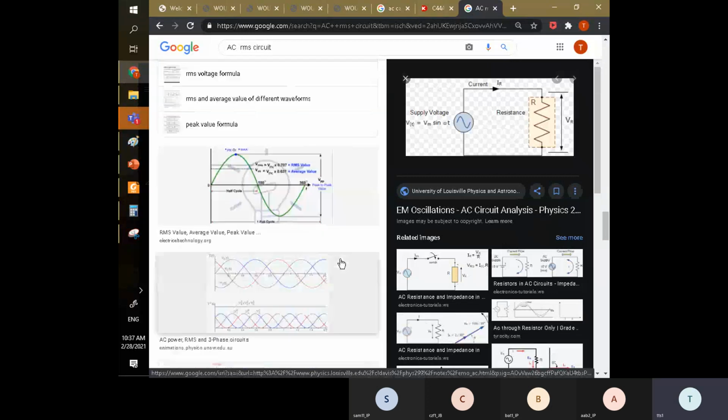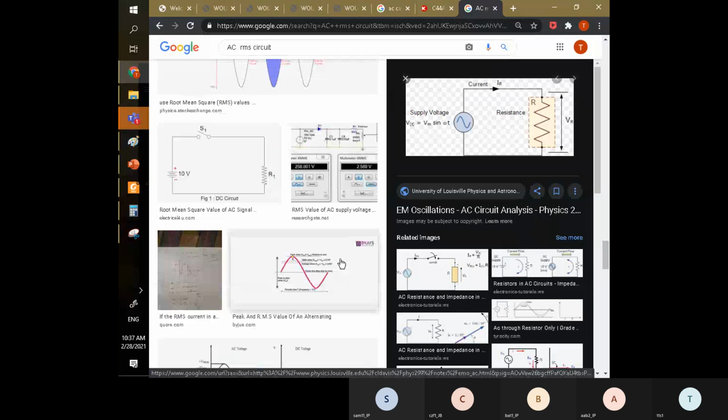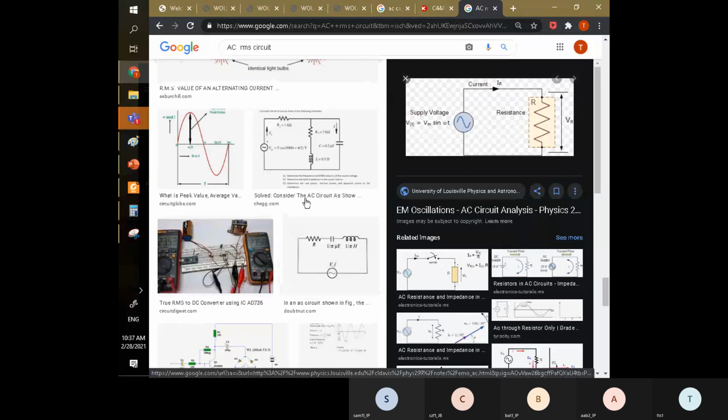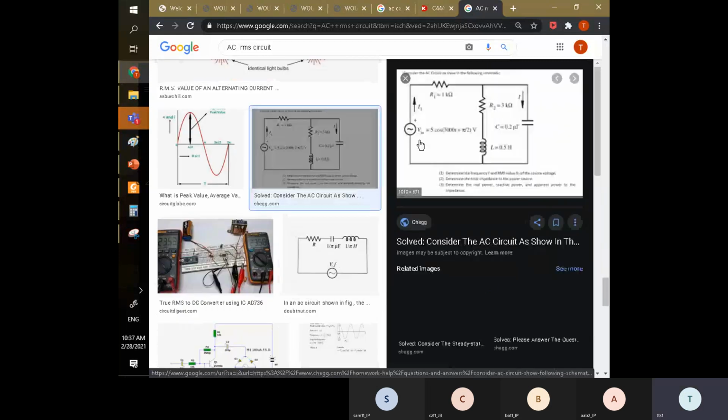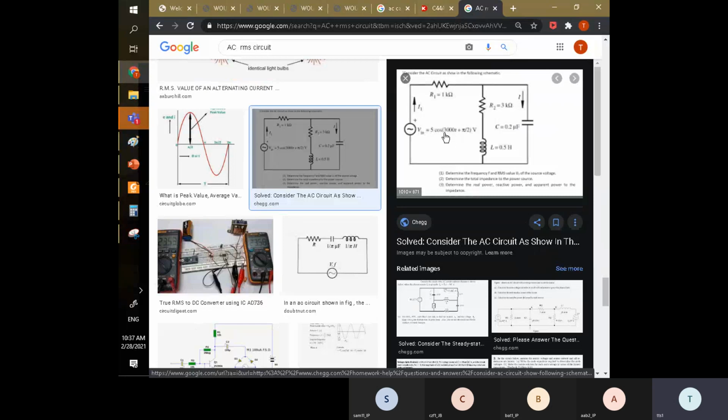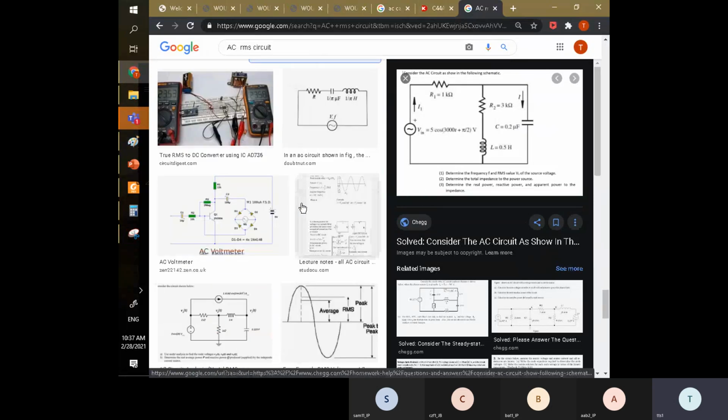See this example also. They put this mathematical form to indicate the VPeak. When it comes to engineering, we like to use this format most of the time.